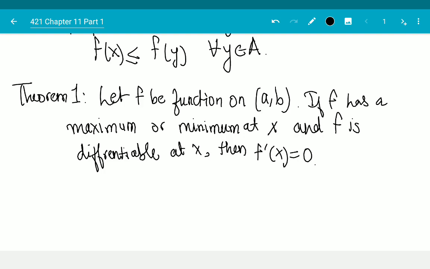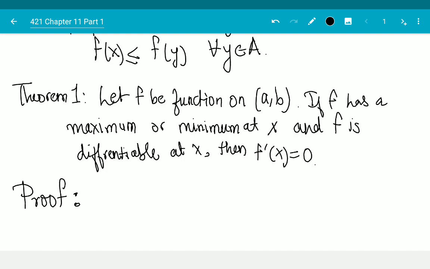I'm not going to say that f should be continuous everywhere or it should be differentiable everywhere, nothing of that sort. If x is a minimum and it is differentiable at x, then your derivative is 0. We have no claims about any other point. And I'm going to prove it for, let's say, maximum.